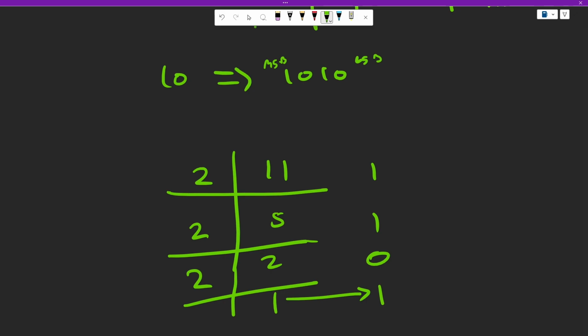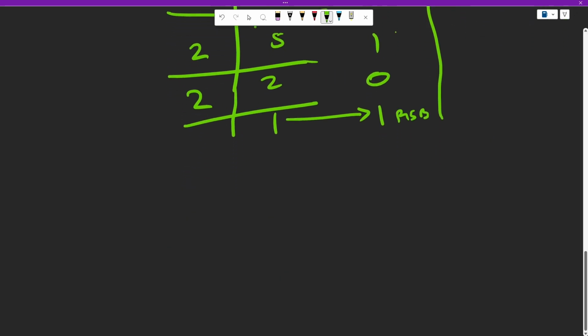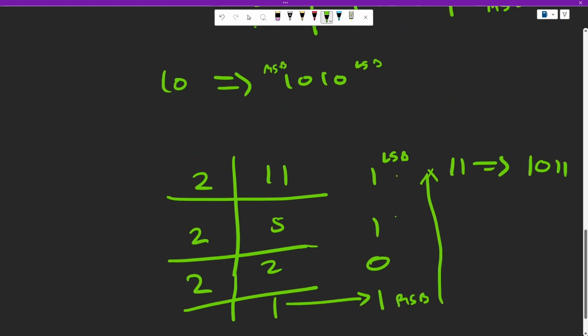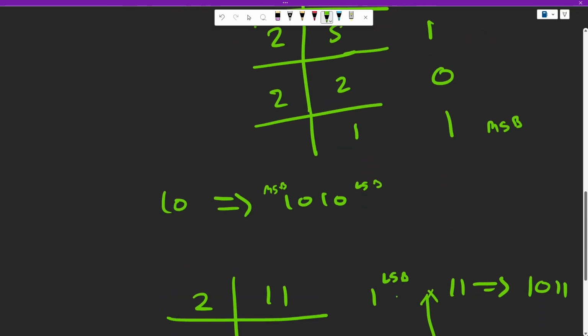So 11 will be represented as 1011, with 1 as the most significant bit and this as the least significant bit. So this is how you convert a decimal number into a binary number.